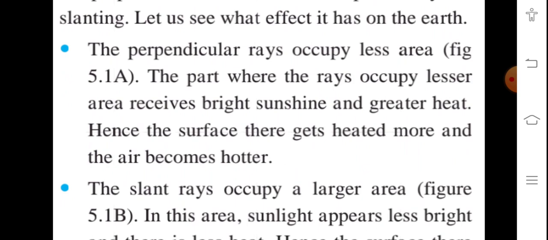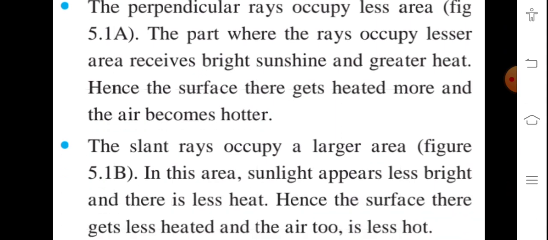When the rays fall on the earth perpendicularly, that area receives bright sunshine and greater heat.